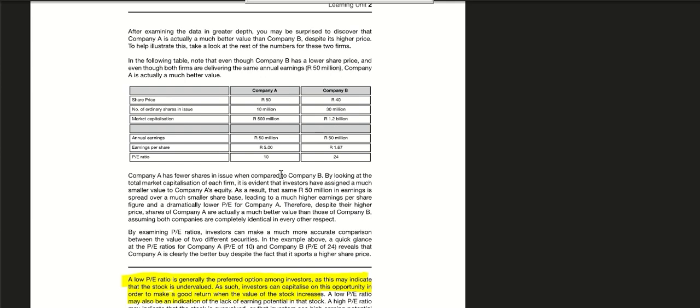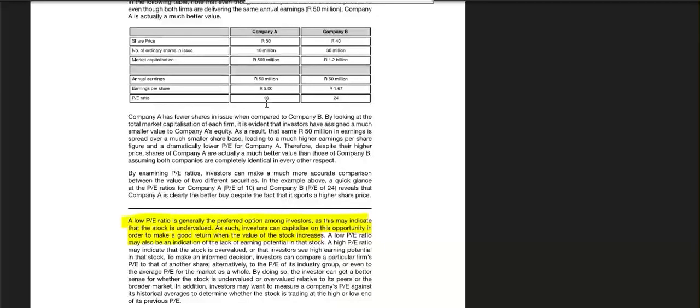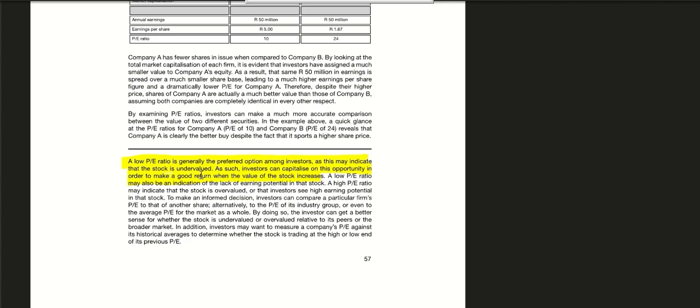So you can see why the PE of 10, although is lower than for company B, which is 24. And this can be a good indication that company A is actually a better investment prospect.